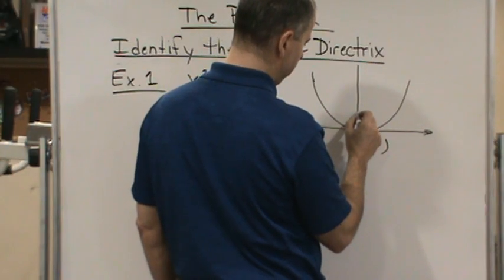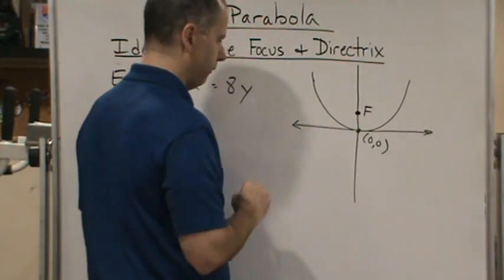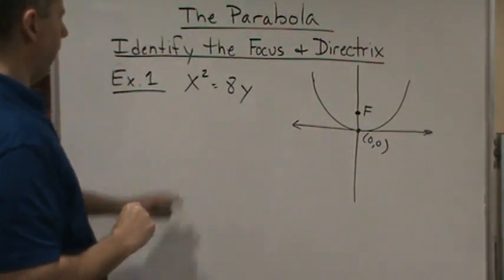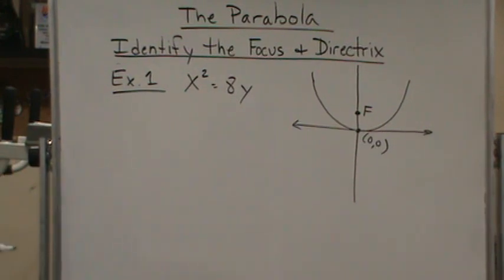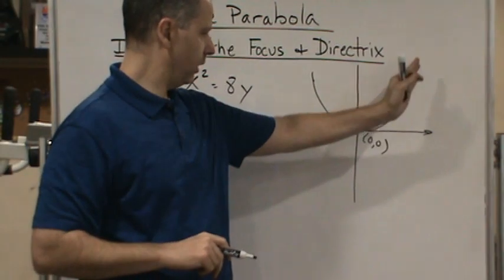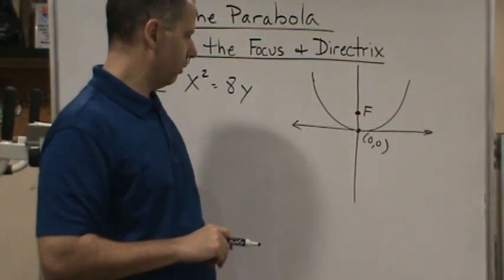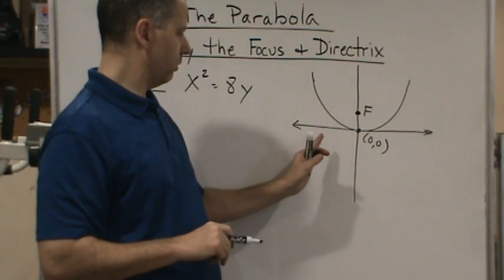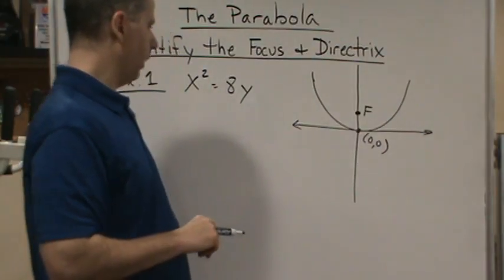So we want to find the focus. That's what we're looking for. And we're given this equation that represents the parabolic curve cross-section of the lens, I guess, the shape of the reflective material.